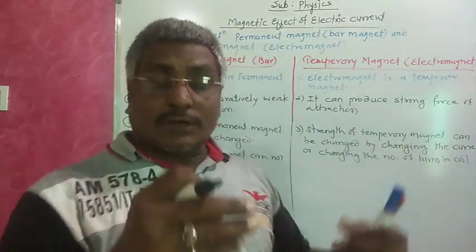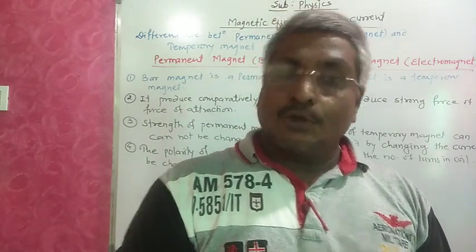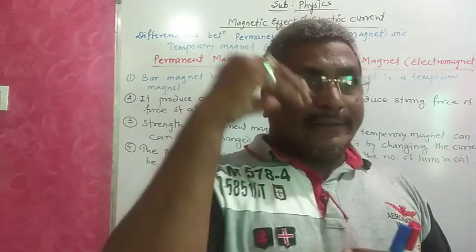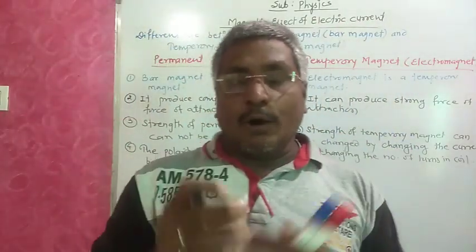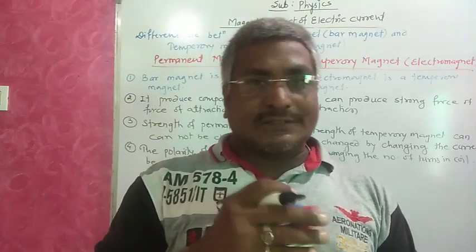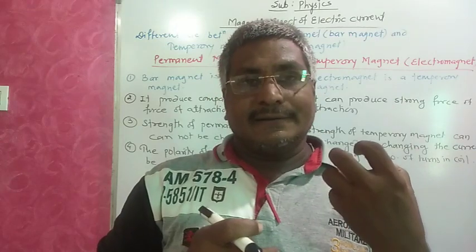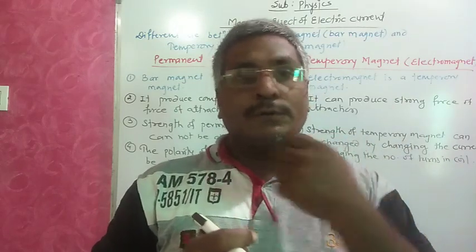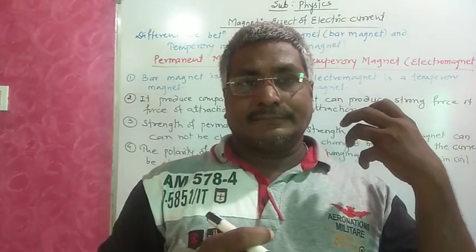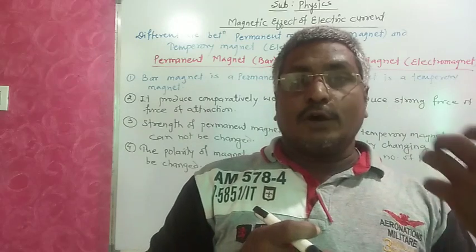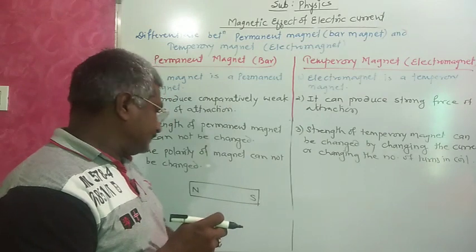Attraction means north-south pole attract, south-north pole attract. So that mountain is in the north side, and that mountain is attracting the south pole of our magnet. Understood? So because of that, it is settled in the north-south direction.